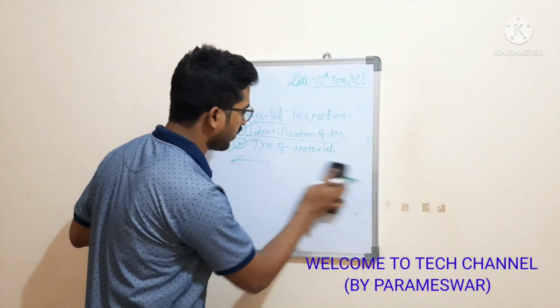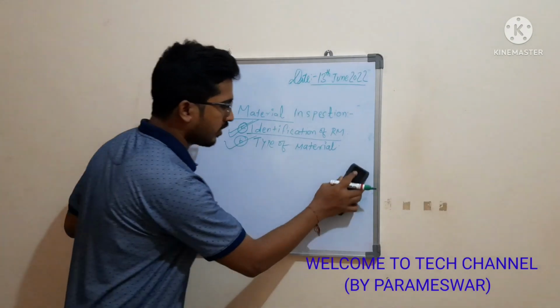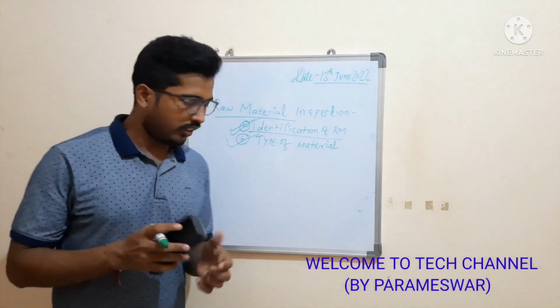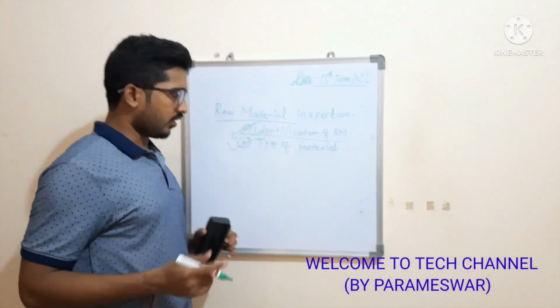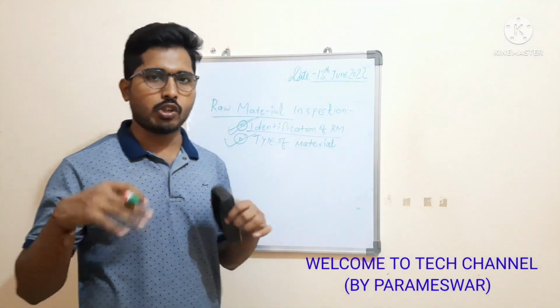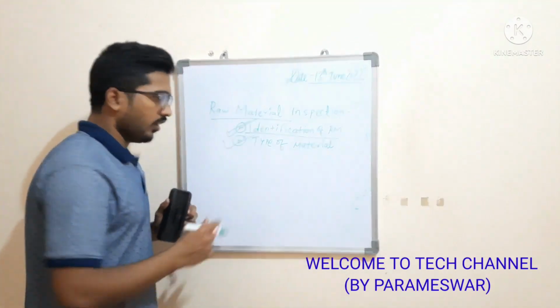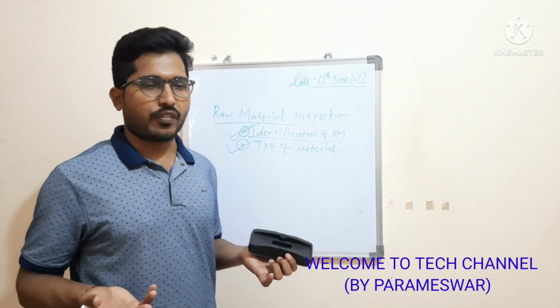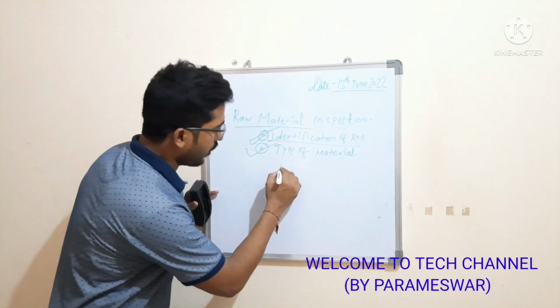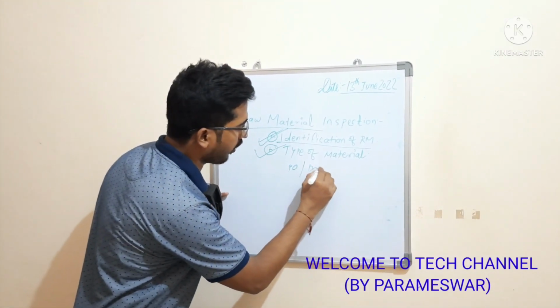Type of materials is nothing but the grade of materials. Which kind of material you are using for the project depends upon the client's requirement. It is mentioned in the PO and drawing.